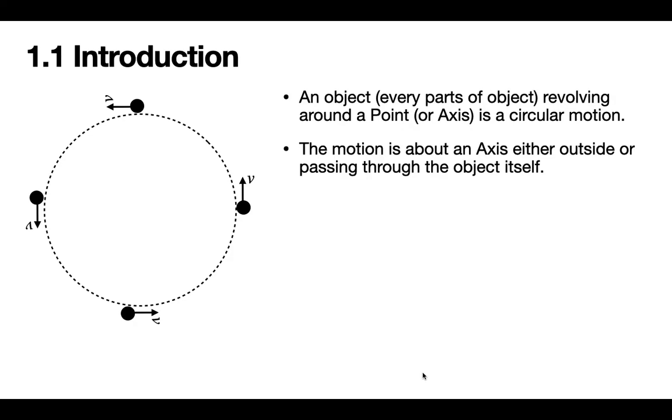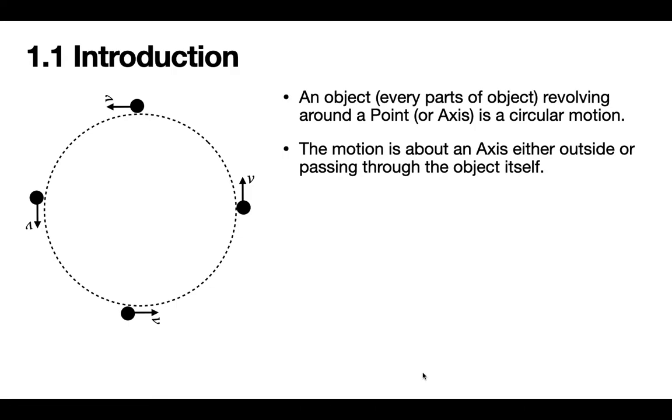If you take the example of a merry-go-round, you might have gone to an amusement park and ridden the merry-go-round. If you're sitting in a merry-go-round and consider yourself as an object, then you go in a circular motion around the center of the merry-go-round. In that case, the axis is outside the object.